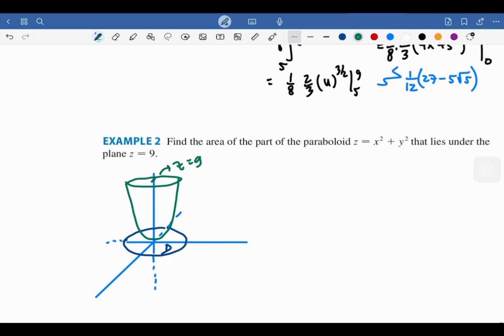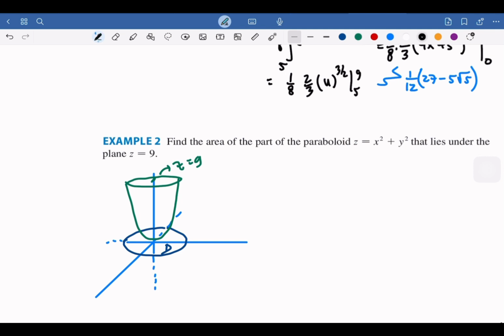So at z equal 9, D is a circle having a radius of 3. If we take this 9, this is a circle of radius 3. Which means that every time you see curves that have a tendency to be a polar or even a circle, then perhaps we can change into polar to simplify.